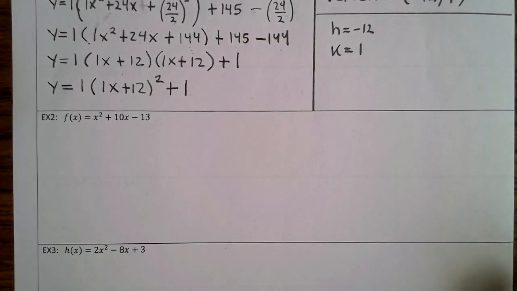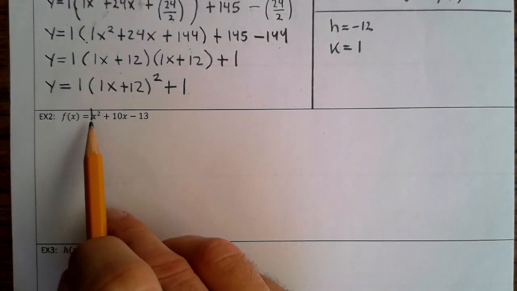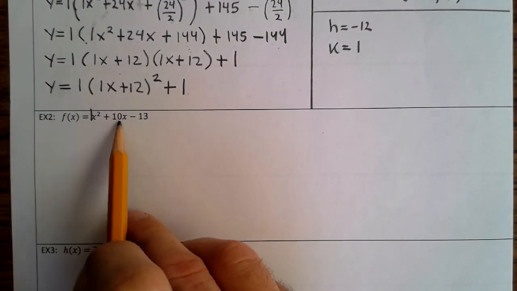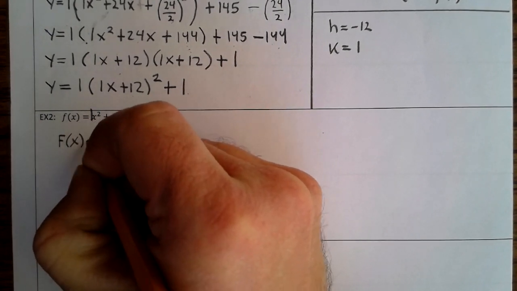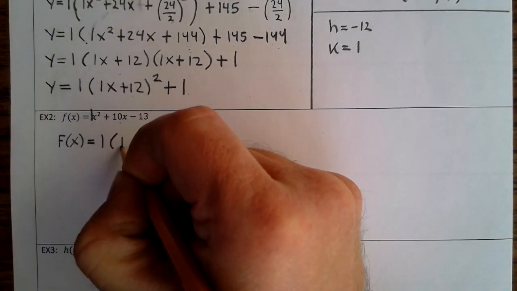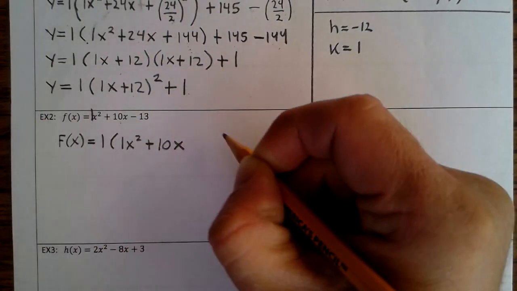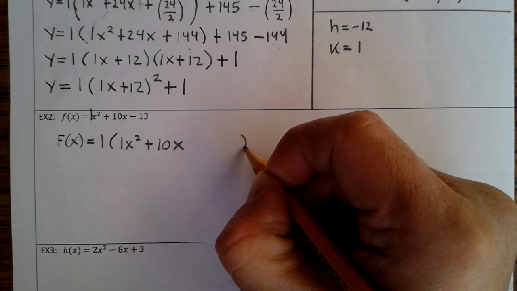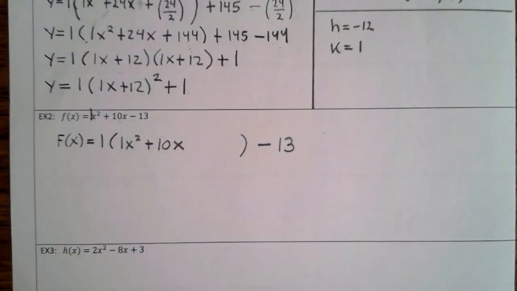All right, so in essence, we're only going to factor a 1 from the first two terms. So then that's f of x equals 1 parentheses 1x squared plus 10x. We're setting up for completing the square, so we're going to put the minus 13 on the outside of the parentheses.